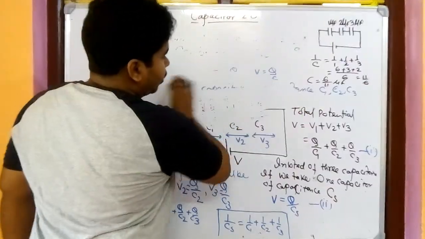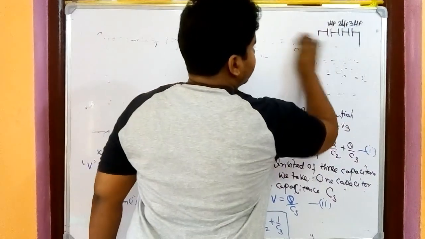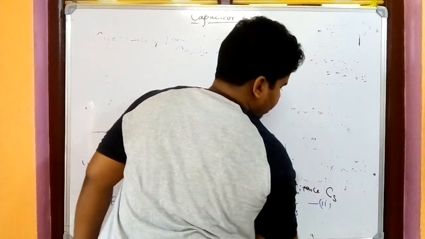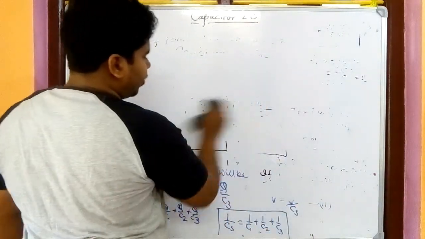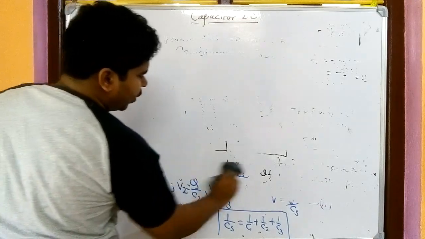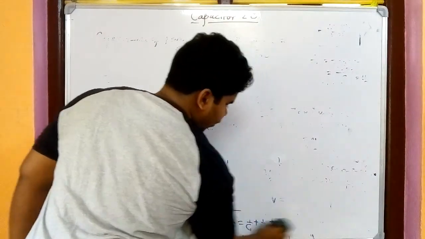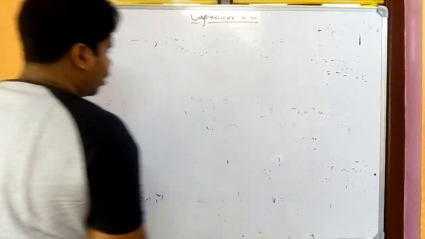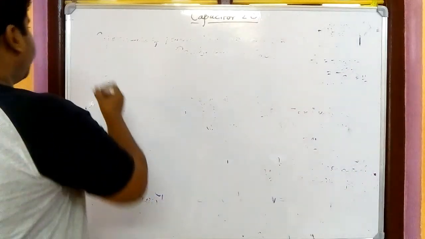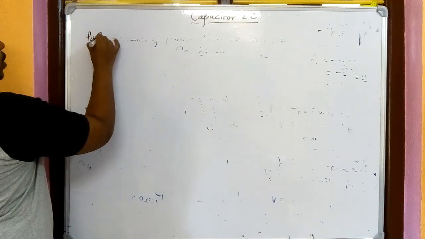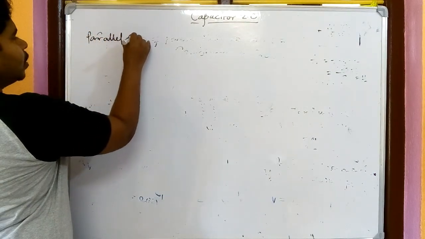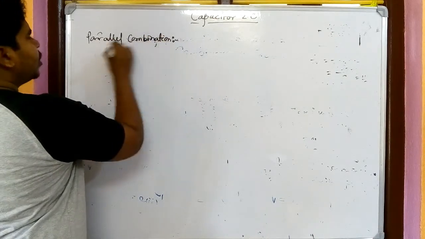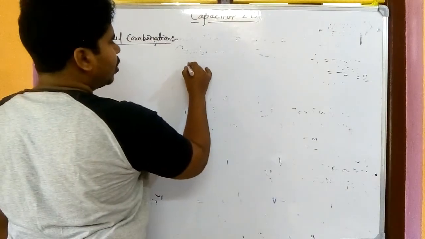Parallel combination. I think it is not difficult for you because you have learned it once for resistance. For capacitance it is the same, but exactly opposite to resistance. Whatever you have done for resistance, for capacitance it will be exactly opposite. So we are coming to parallel combination. You know the connection will be just like this.